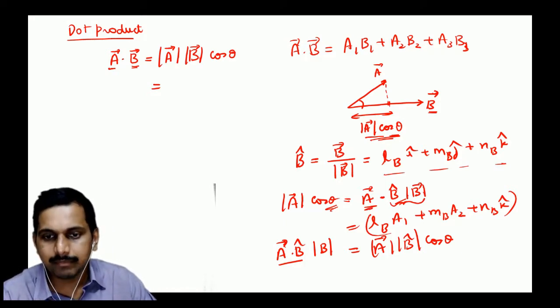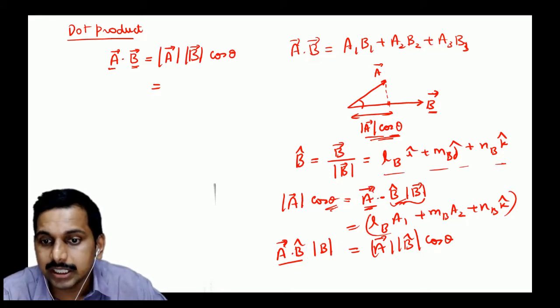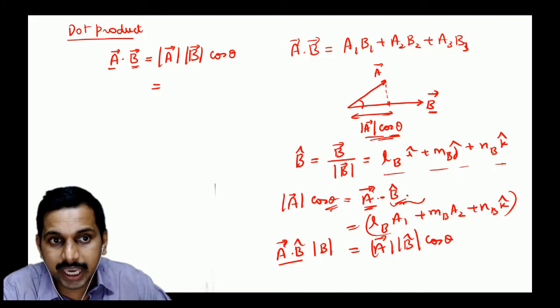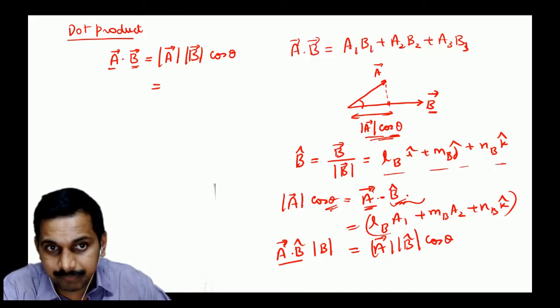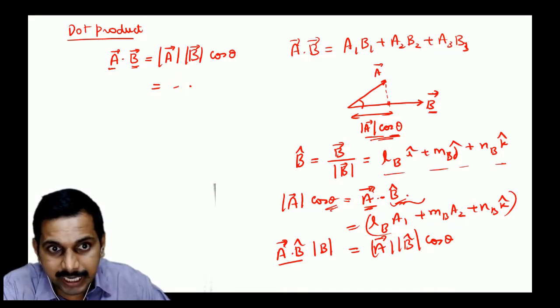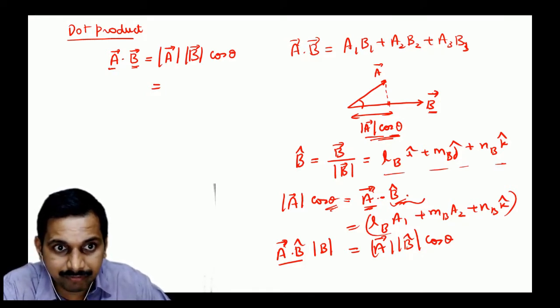I'll repeat again. See, A cos theta is A vector dotted with B vector. Okay. So now if I say A dotted with B vector, I can write this as A, or I'll come from here, left hand side I'll come.